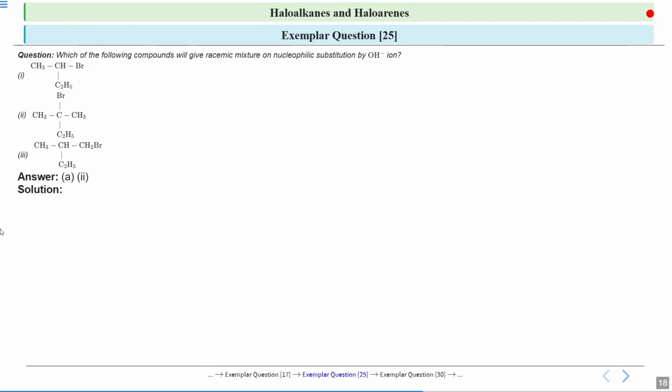So for this question, your correct answer is option A, that is the second compound. Only the second compound will give racemic mixture on the nucleophilic substitution reaction.